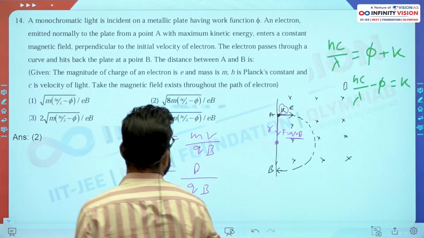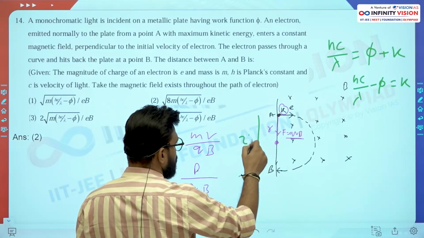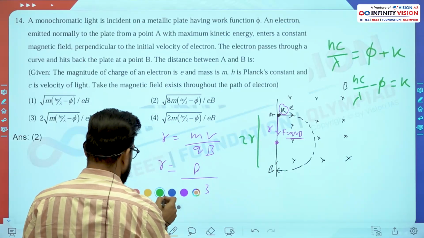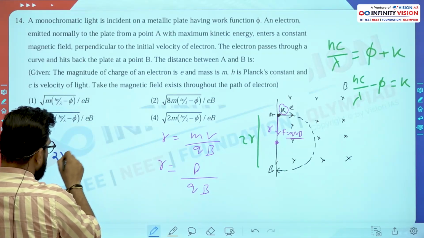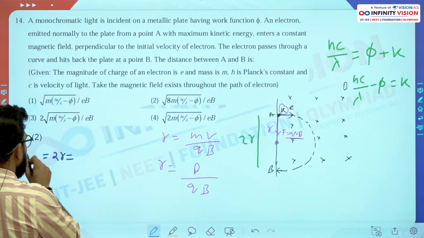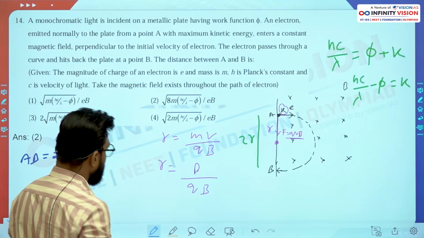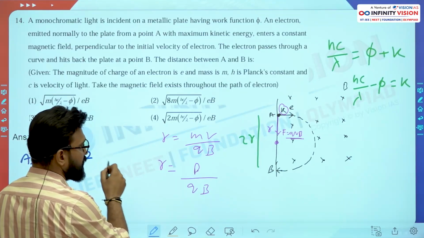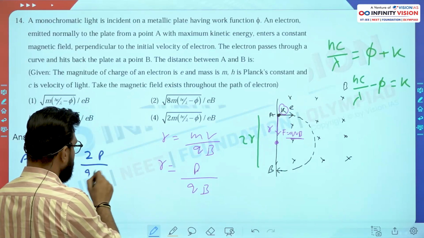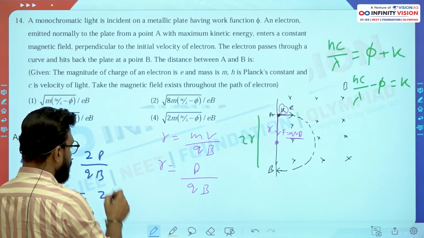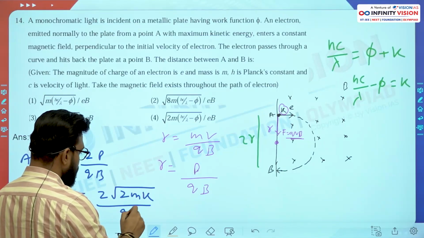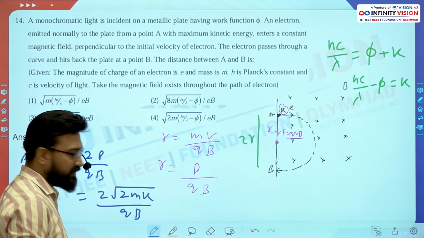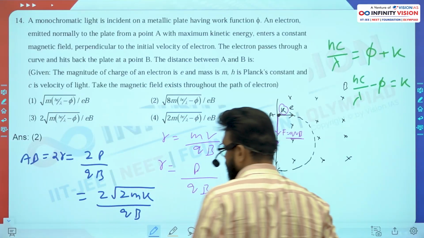So the distance between A and B is twice the radius. Twice r is the distance between A and B. Okay, so this would be 2 times momentum divided by qB, and the momentum and kinetic energy relation is root 2mK, so 2 root 2mK by qB.